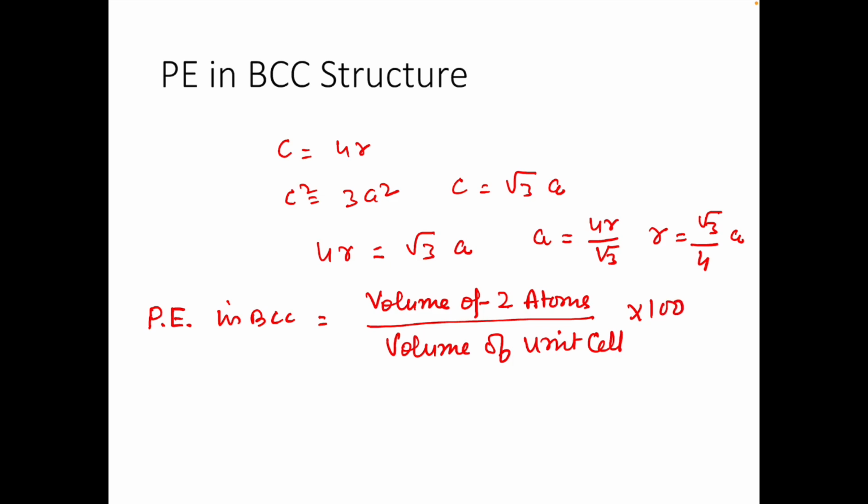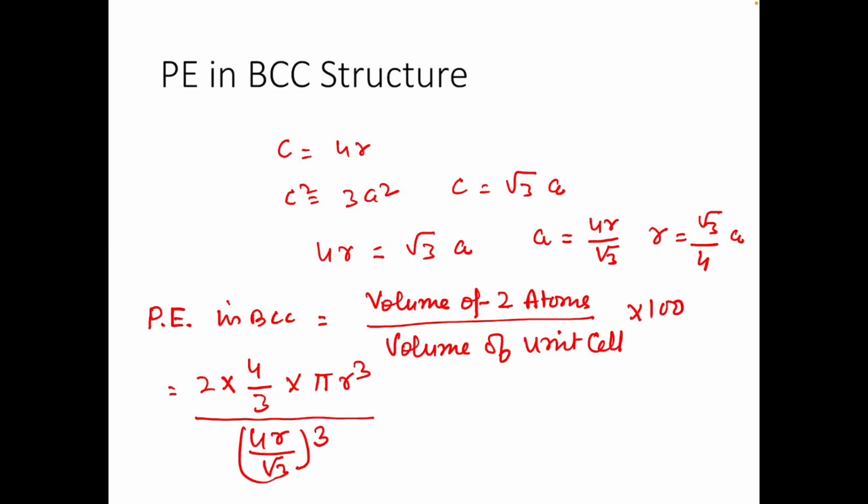So it is 4 by 3 pi r cube, multiplied by 2 atoms, divided by 4R by root 3. This is A.